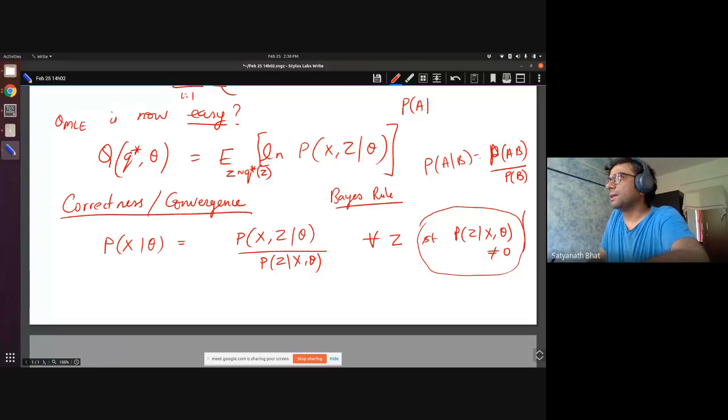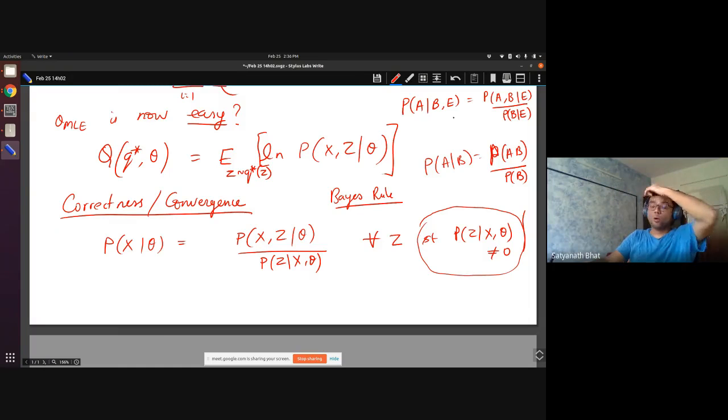So P of A, B, and E, if I want to add something, it's also true as P of A comma B given E divided by P of B given E. So this is also true. I hope all of you remember the conditional probability idea that we have discussed. If you don't follow this, you can go and check some of the lectures from the last semester and quickly refresh. But the idea is very simple. I hope you can see the correspondence between this and this.